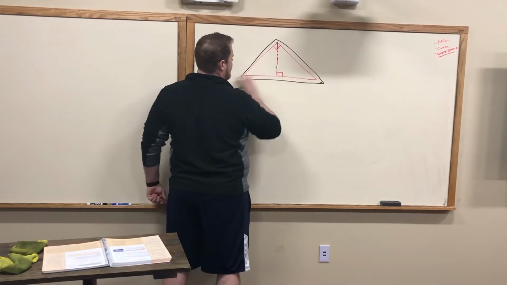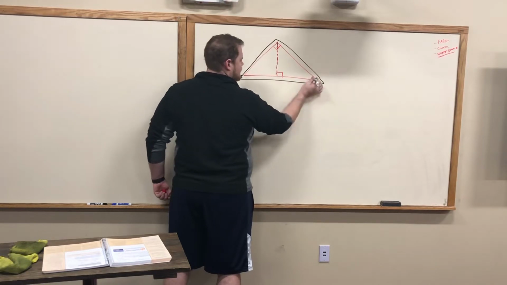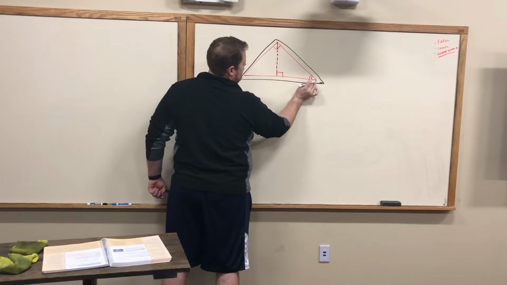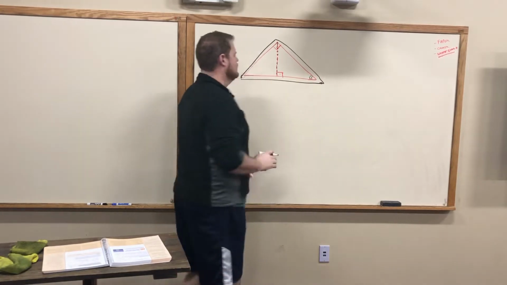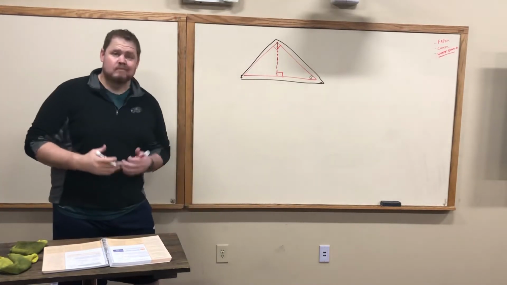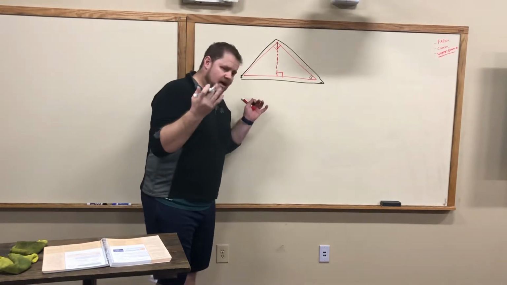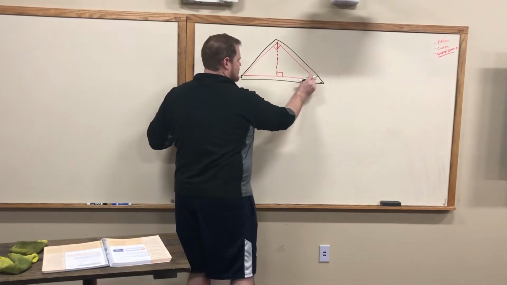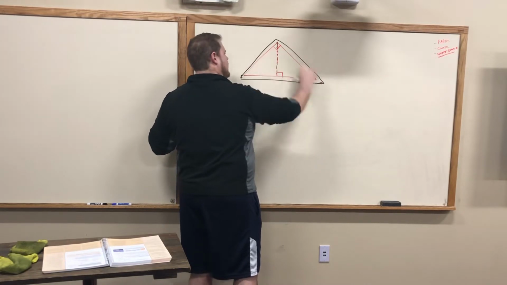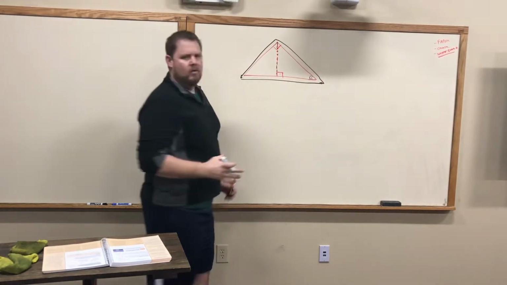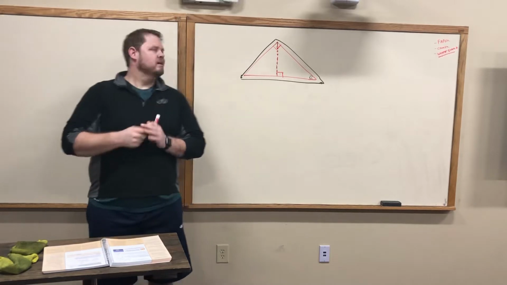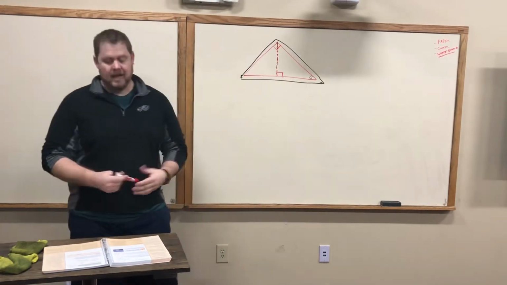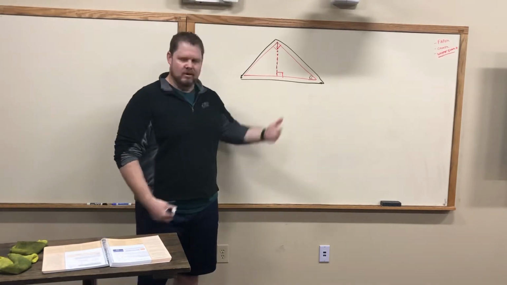This big triangle is going to have a common angle to the little triangles. Everybody see that? This angle is going to be the same in the big one and in the little one. So therefore, according to what will those two triangles, the big one and the little one, be similar? Very good. Angle. Well done.